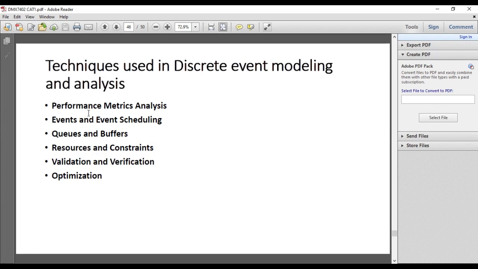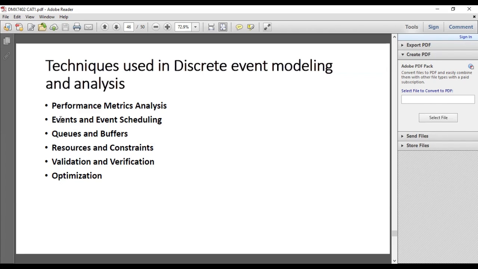Likewise, we will be analyzing key metrics. One other method is event scheduling, like for each process, how the workflow should be.